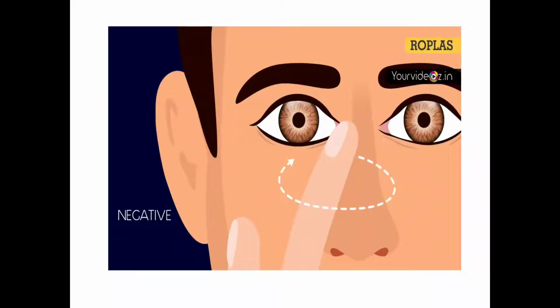It is a very simple test which we can perform. We just press with either our index finger or middle finger, just medial and below the medial canthus of the eye, and see for any regurgitation through the punctum.